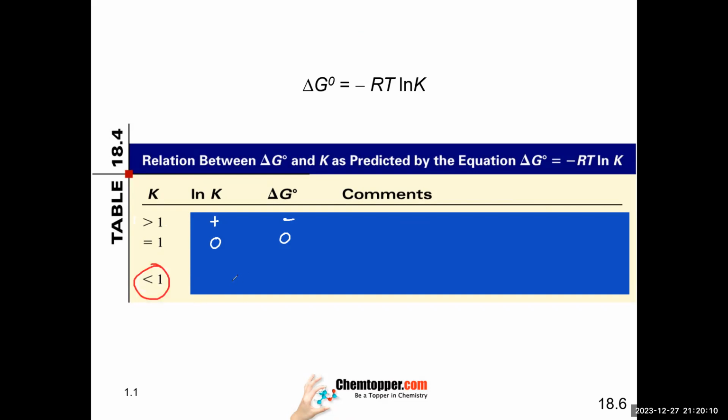K is less than 1. Ln K will be minus. Delta G naught will be plus. And the reaction will be non-spontaneous. Very good.